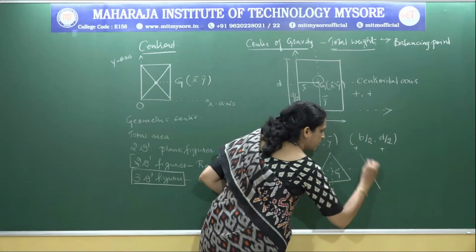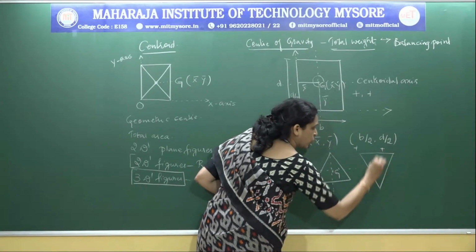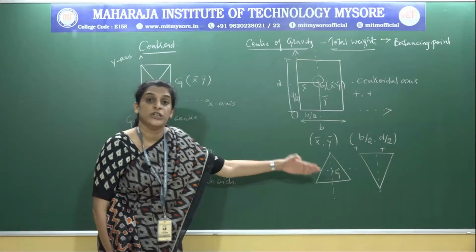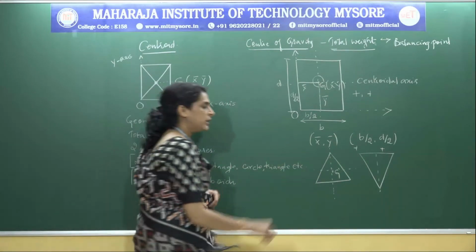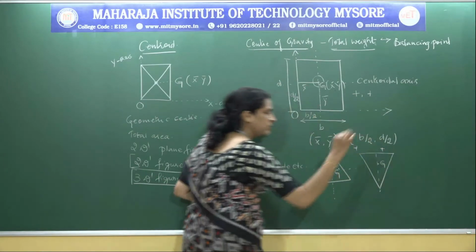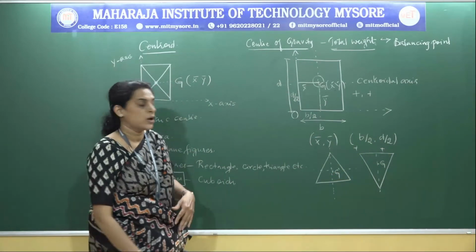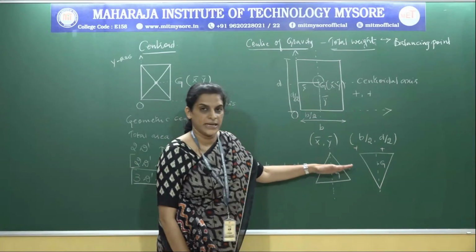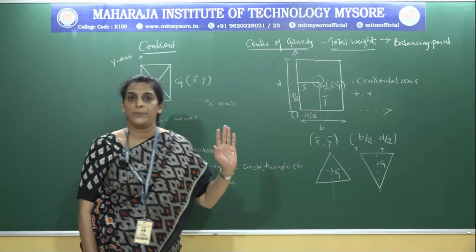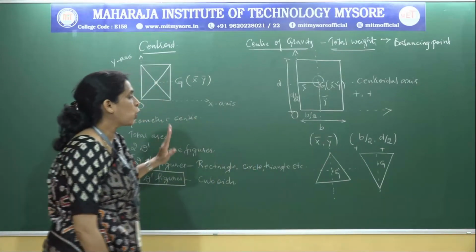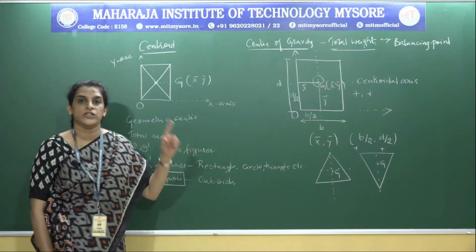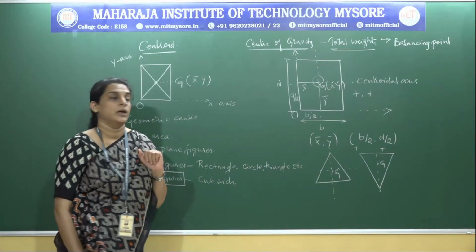Let us see whether this point changes. Definitely not. The centroid remains at the same point. Very importantly, there is no change in the point of centroid if the orientation is changed.